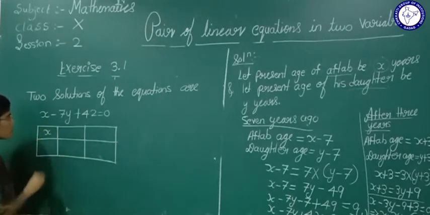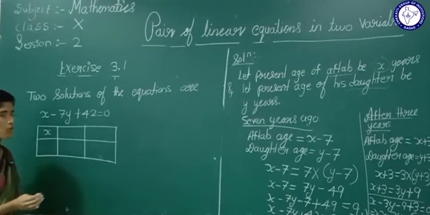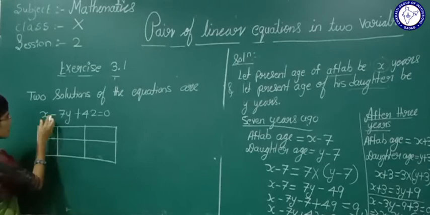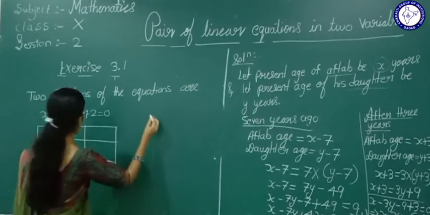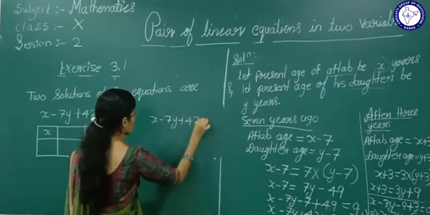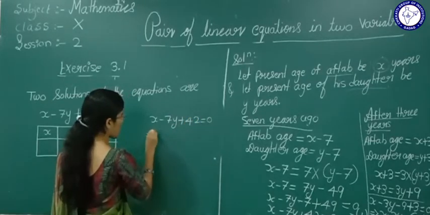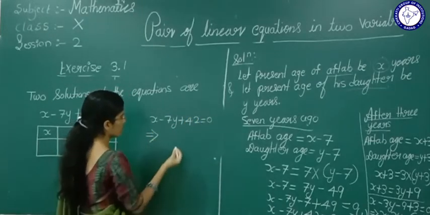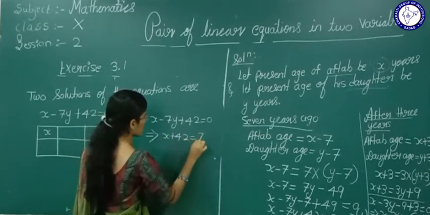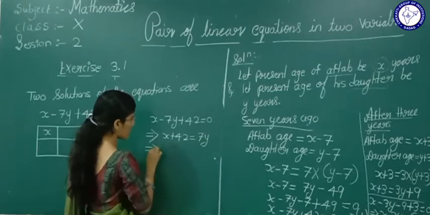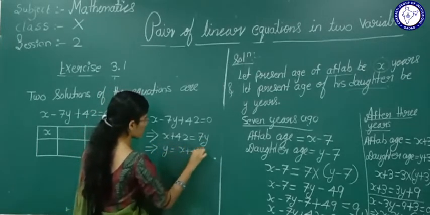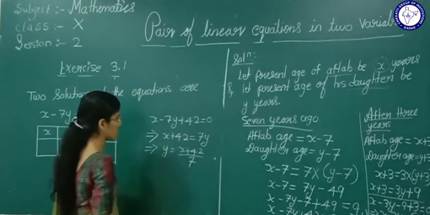We will put the value of x and get the corresponding y value. From this equation, x minus 7y plus 42 is equal to 0, what is the value of y? It will be x plus 42 is equal to 7y. This implies y is equal to x plus 42 by 7.